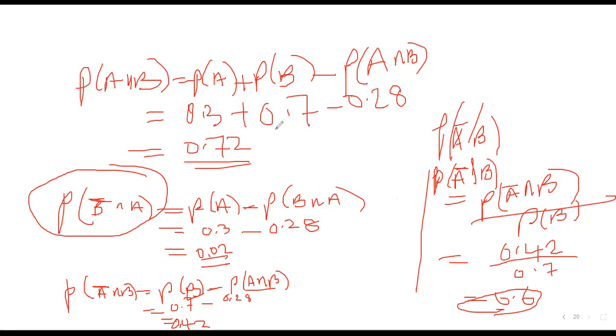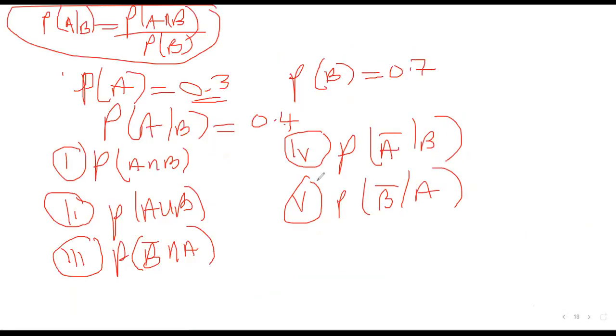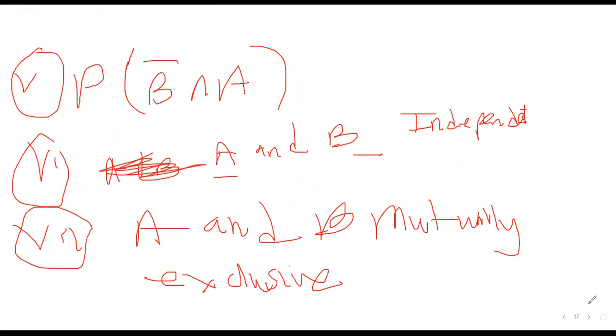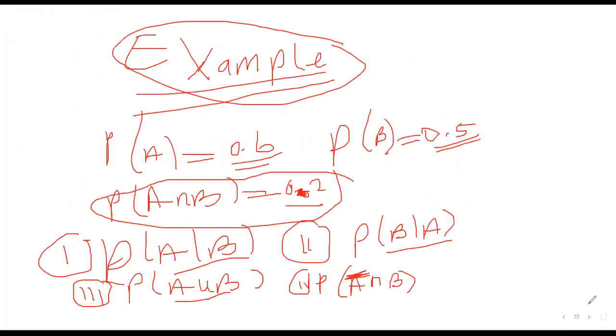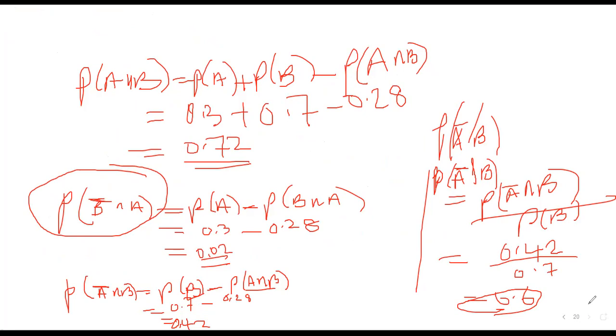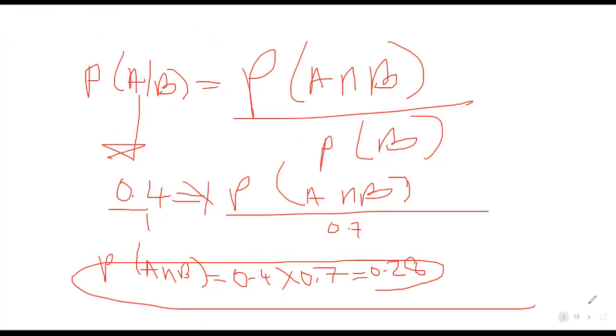Okay, so if you are to carry out a test for independent events here, you just need to use one of the tests. When you have the intersection set, we found the intersection set of 0.28, meaning that these events are not mutually exclusive.